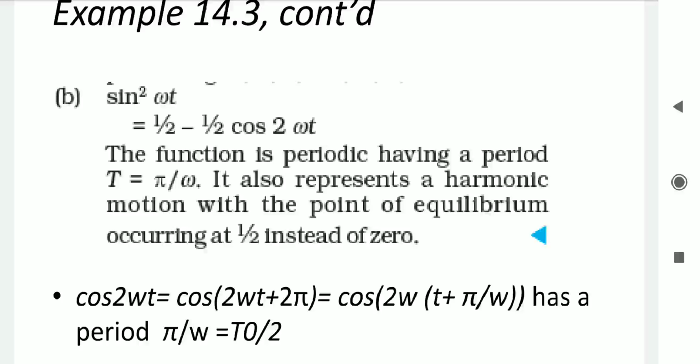This is the capital T time period, which is pi by omega. So this function is again periodic, having a time period pi by omega. Here it represents harmonic motion with its equilibrium position at half instead of 0.